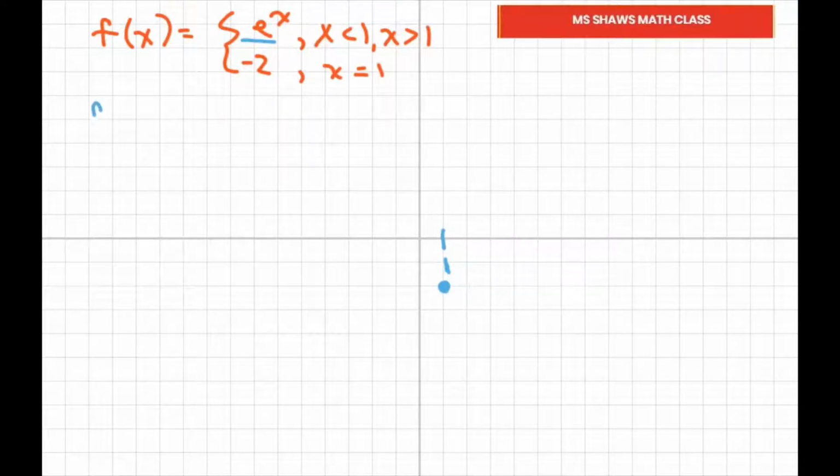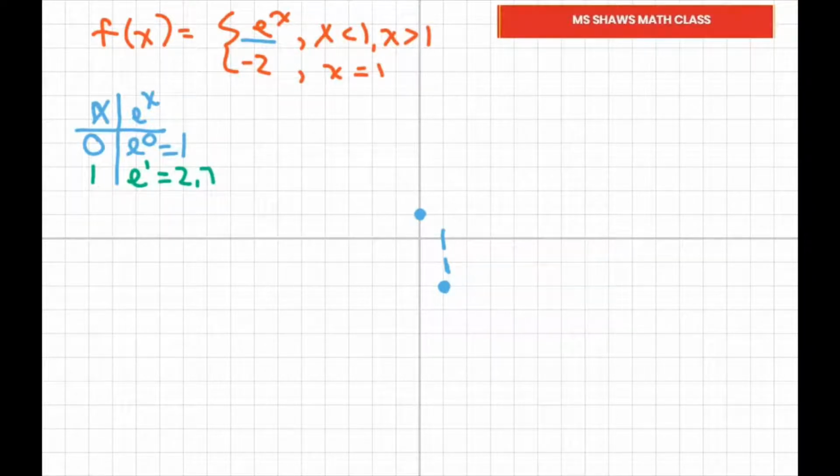So if I write x and then e to the x, and do a little table here: if I plug in 0 for x, then e to the 0 equals 1. Now I need to plug in 1. If I plug in 1, I get e to the first power, which is 2.718, close to 3. So at 1, we go close to 3, but it's going to be an open interval.